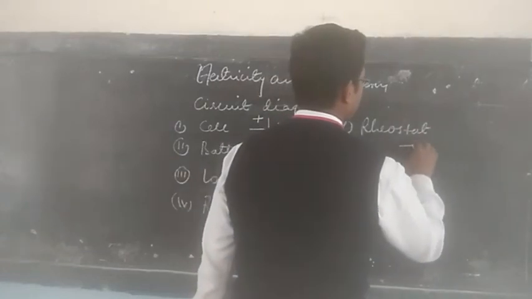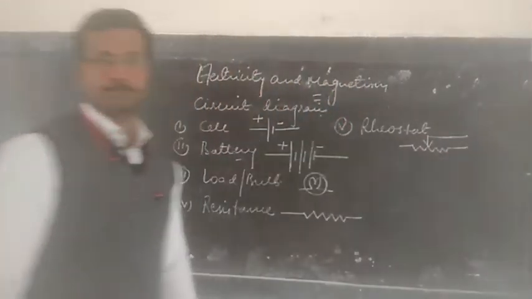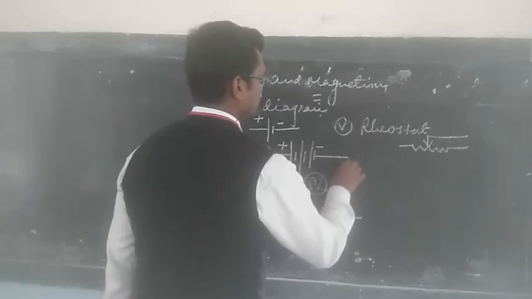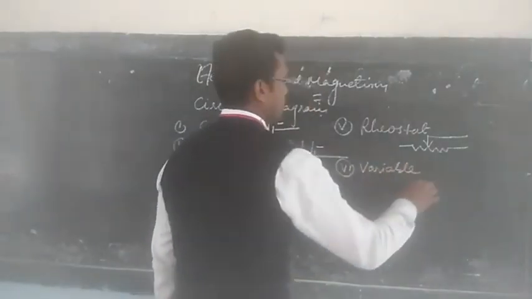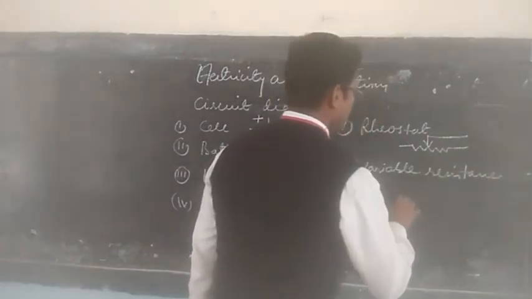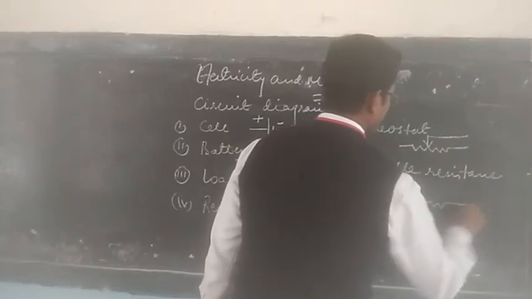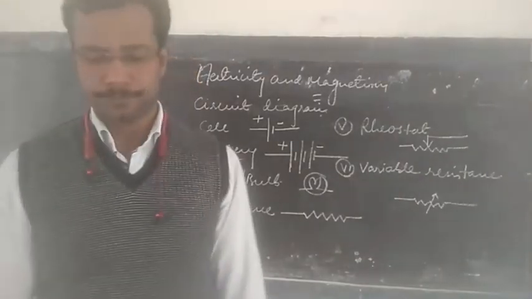For rheostat the symbol is this. Then we can have variable resistance. Since this is also resistance, we can use the same symbol, but these extra things will be added. This is called variable resistance.